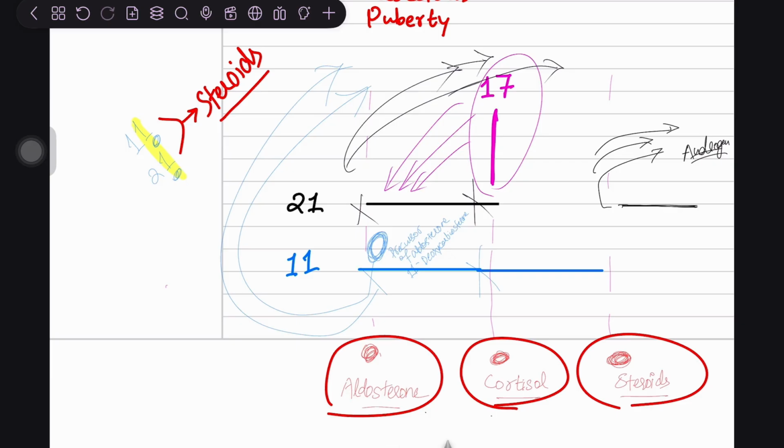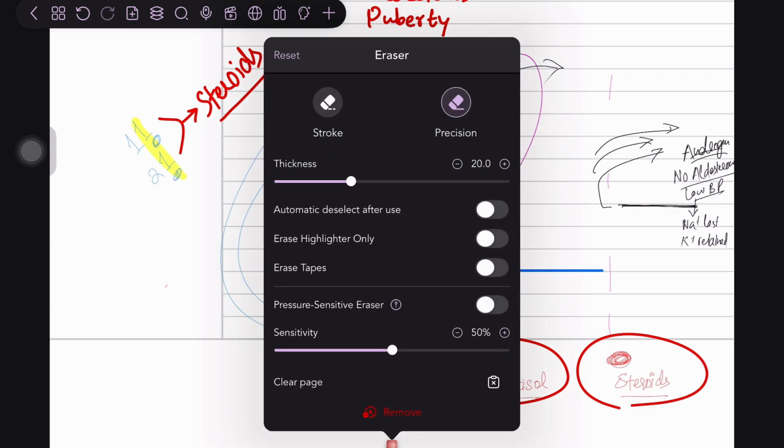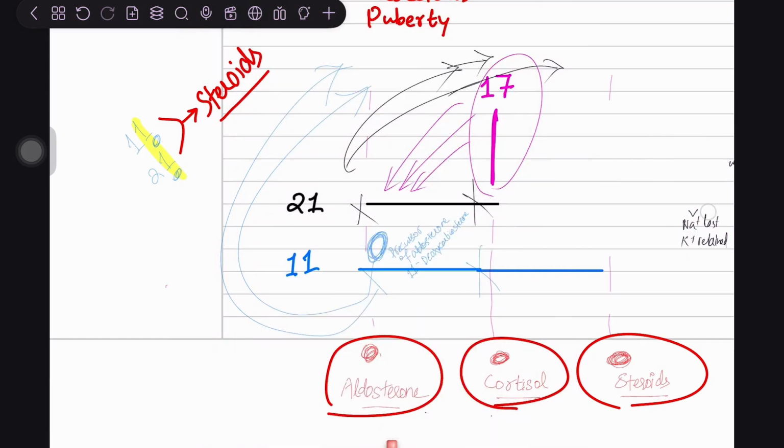There is no aldosterone. No aldosterone means low BP. That is very high yield. And low BP means sodium is being lost because of low aldosterone and potassium is being retained. These are very high yield points. I've summed it up above for you, but for now, you just need to know this.